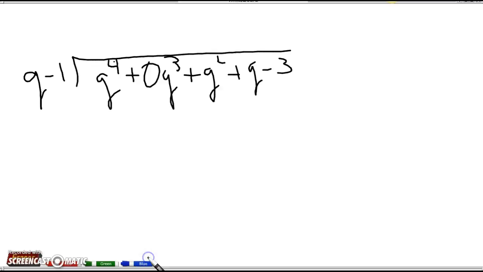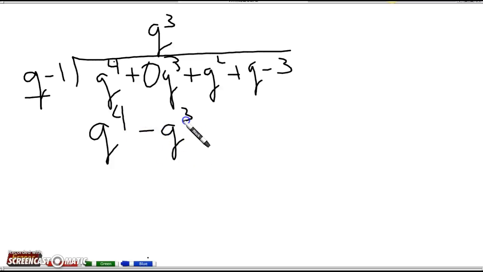So I'm going to have to multiply the first term by q to the third power. So I get q to the fourth minus q to the third.